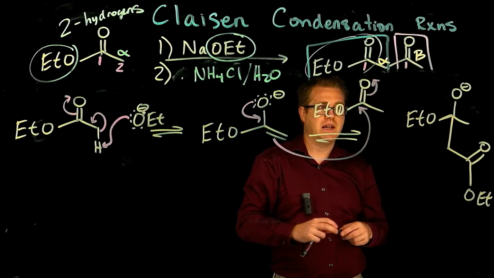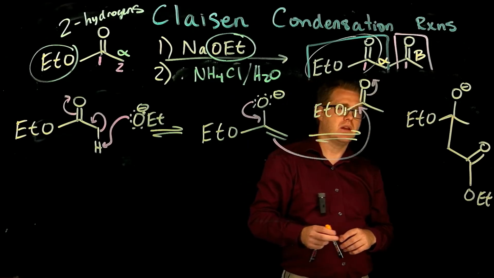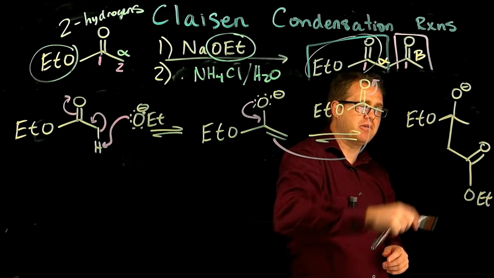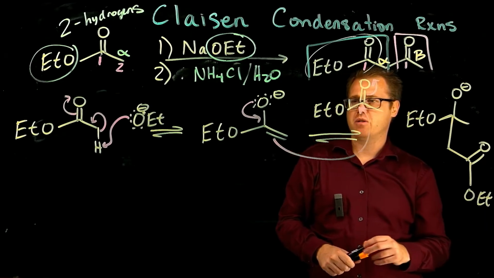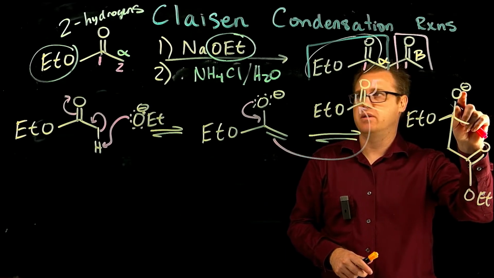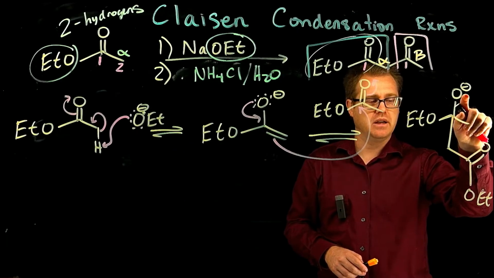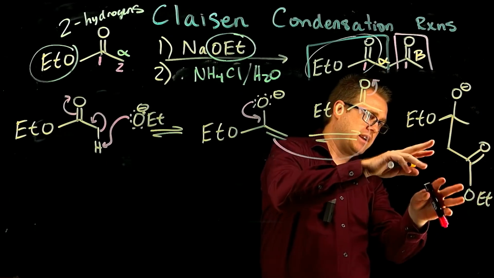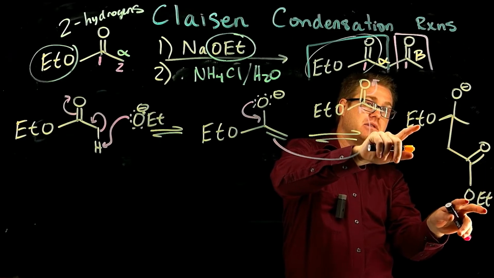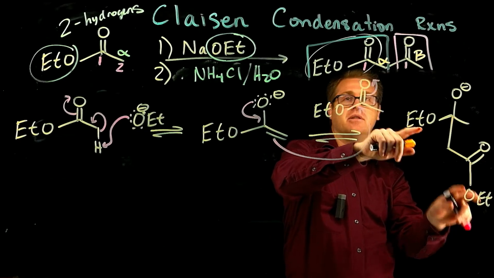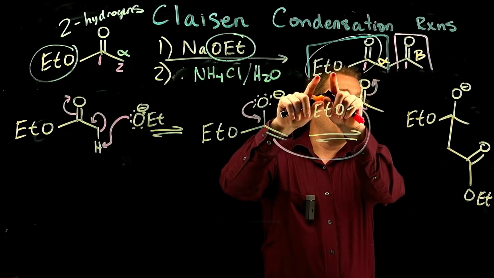Now what's interesting now is this tetrahedral intermediate here. We're under basic conditions, so we're not going to protonate this. Okay. Do you see with the product that I have now? I have two O ethyls or ethoxide groups, but in our product I only have one.